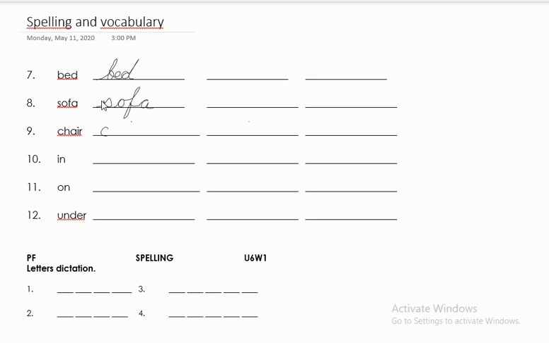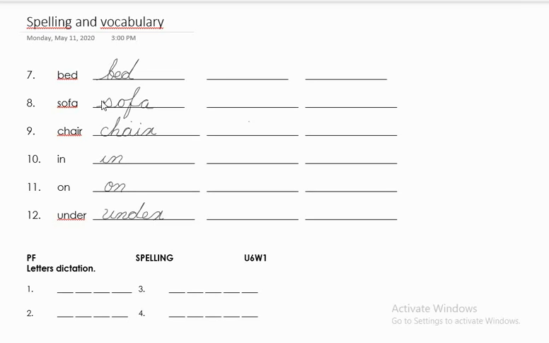The number 3 is chair. Okay. Number 4 we have in. Next is on. These are prepositions and the last one is under. Okay. So if you don't remember very well the meaning of these words, we are going to practice them at the end of this activity.